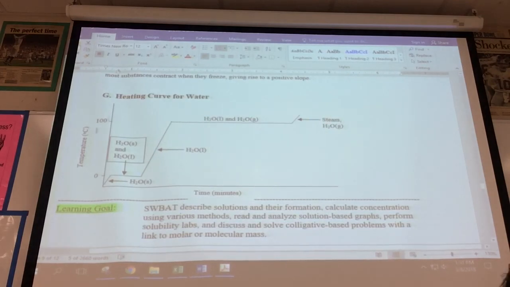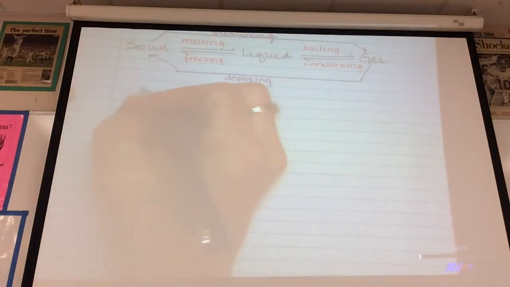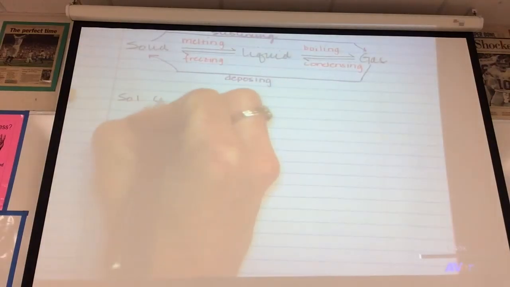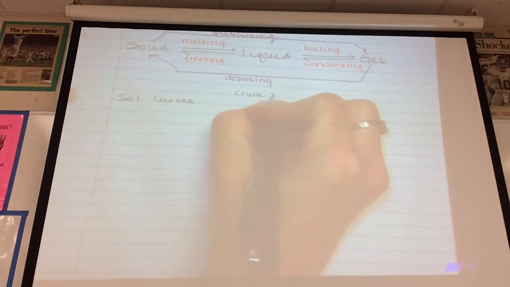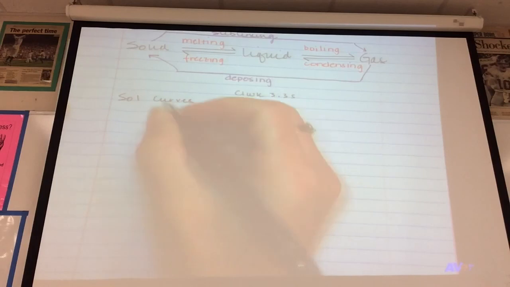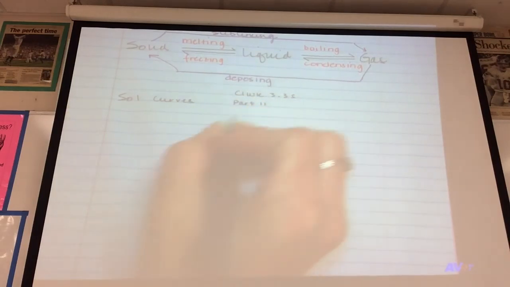So here's a heating curve for water. I give you such a curve on your classwork, and you'll get some additional practice with this. In terms of the graphical analysis we've done today, we took a look at solubility curves, and on classwork 3.3s, you'll find more problems like the ones we did in part 2.